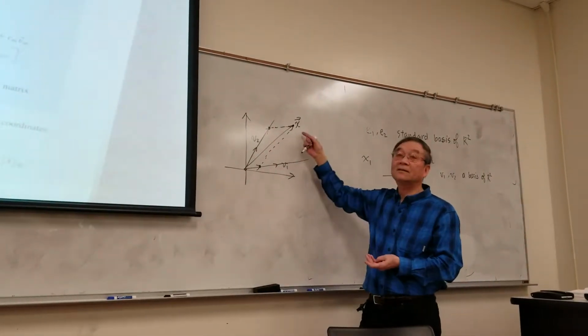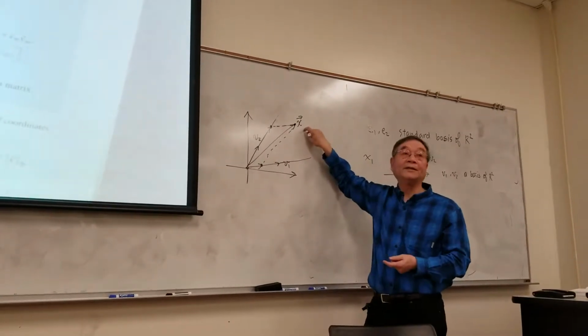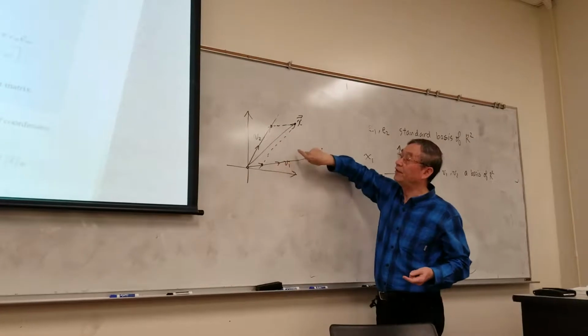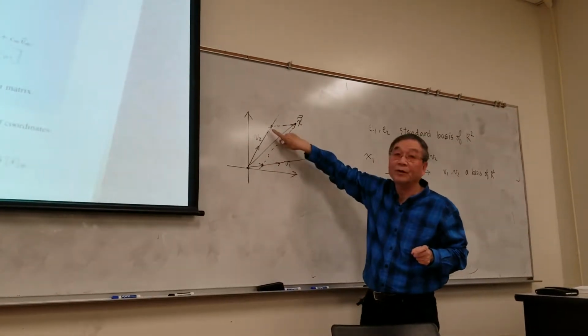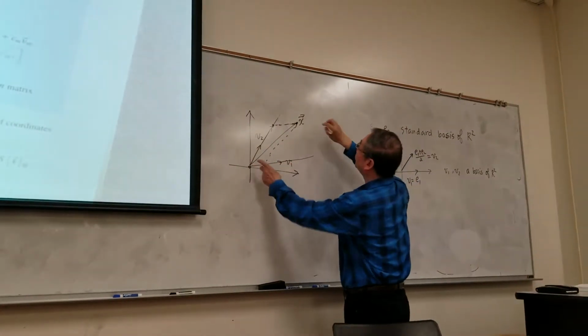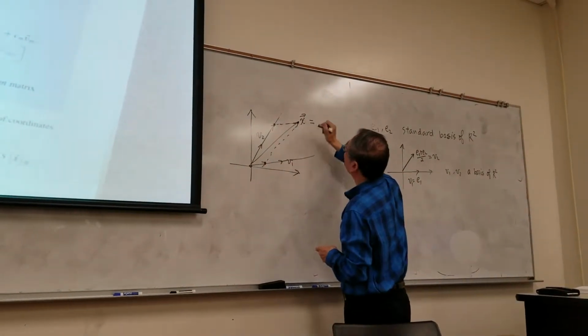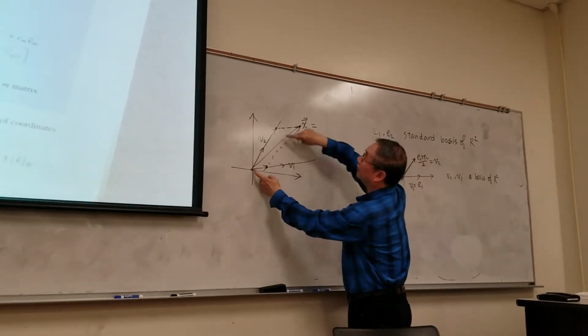And this x is an arbitrary vector. We're talking about its coordinates relative to V1, V2. So we form these two dots and then form two arrows, right? Then this x is a linear combination of V1 and V2.